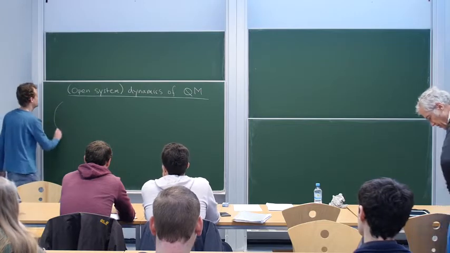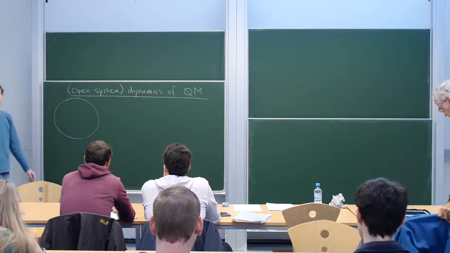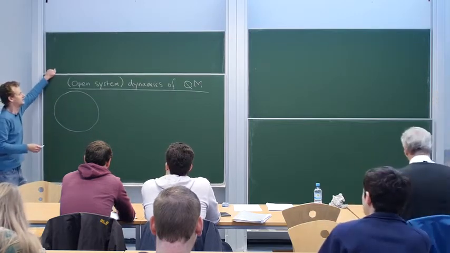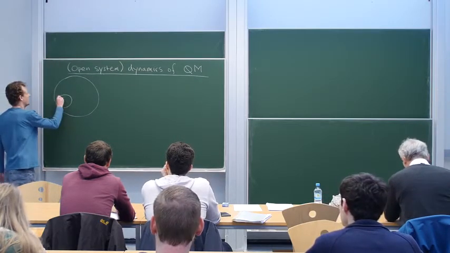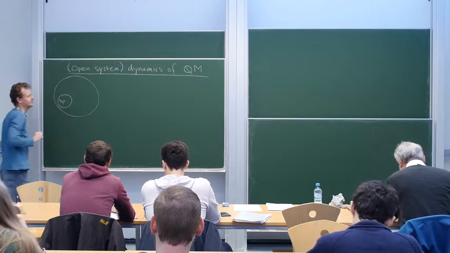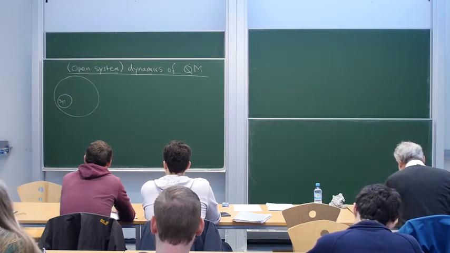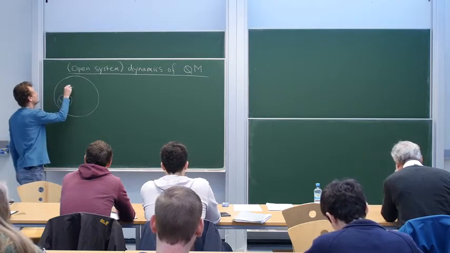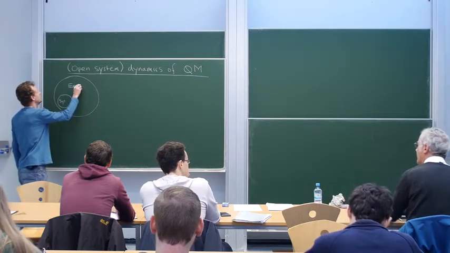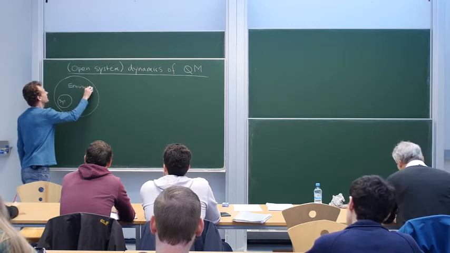So this is the picture, as I said last week, or the week before actually. This is the picture that I will draw throughout this course. You have some system that you can control, under your control, and you have the rest of the universe, which is some kind of environment.